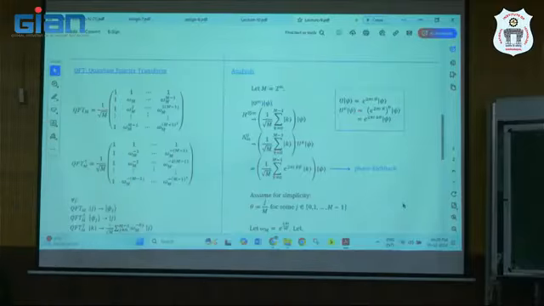So let's say you take two columns. What are you going to take? omega^(m) minus j k2, agreed?